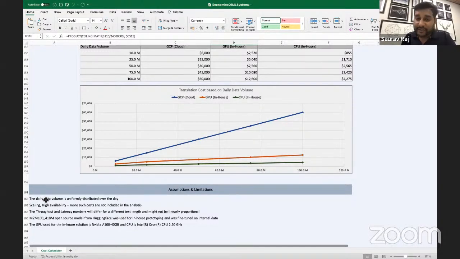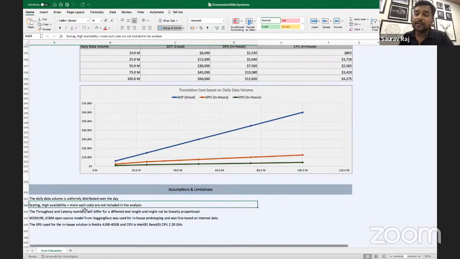If a burst of traffic is coming, then of course you will need more compute instances running in-house if you're building the solution in-house. The scaling, high availability, plus many such principles are not included in the analysis. If you include such factors, the in-house solution cost would differ.